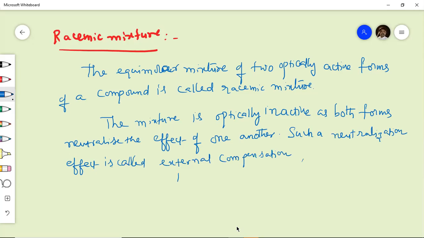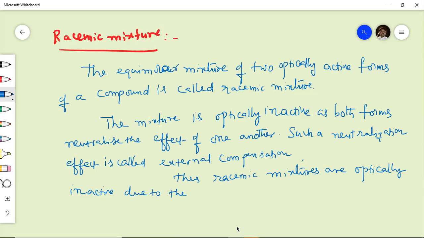Thus, racemic mixtures are optically inactive due to the process of external compensation.